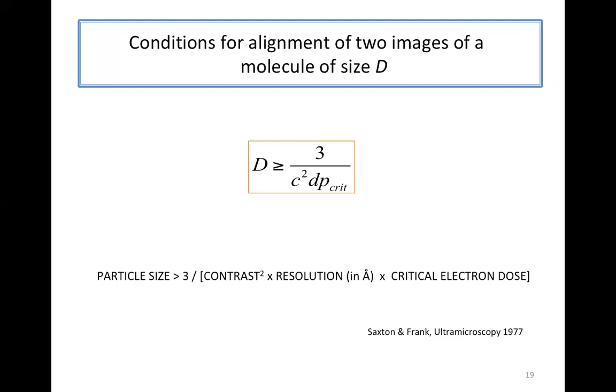And we determined that for a molecule of the size of the ribosome, and the contrast that we would get for pure ice, which didn't exist at the time as a technique, and a resolution of 3 angstroms, and a reasonable critical electron dose, we were able to really show that, yes, the alignment accuracy would be sufficient to get to 3 angstrom resolution.